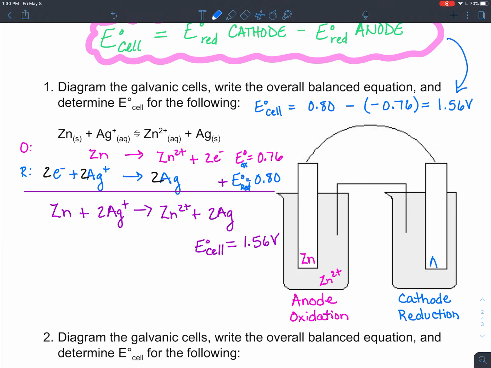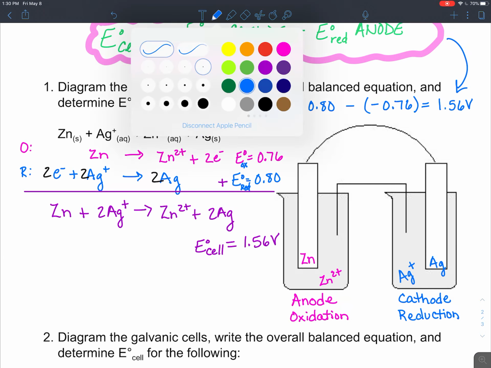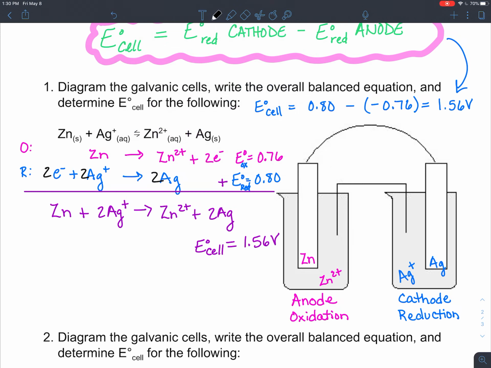On the other side, we're going to see that the silver metal is going to be the actual cathode. And then the silver ions are going to be in solution. We also need to make sure that we have that salt bridge. So here's our salt bridge.